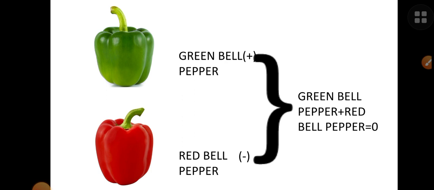For example, minuend is positive and subtrahend is positive; minuend is positive and subtrahend is negative; minuend is negative and subtrahend is positive; and both minuend and subtrahend are negative. So we are going to see all these 4 cases.